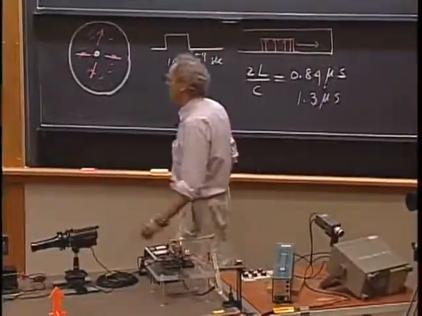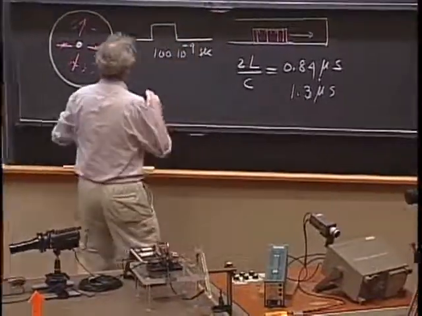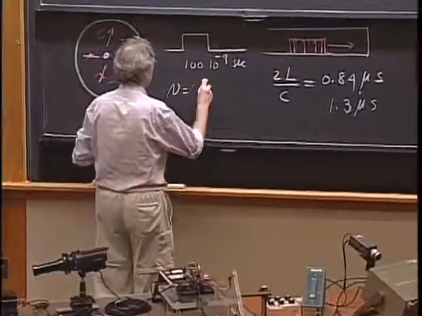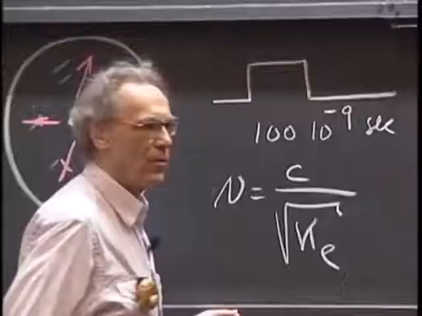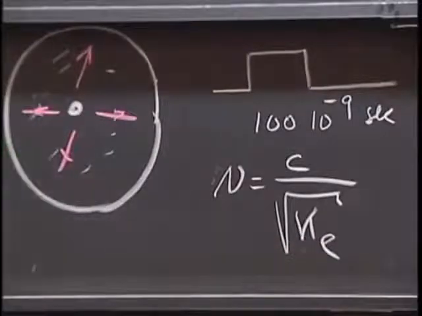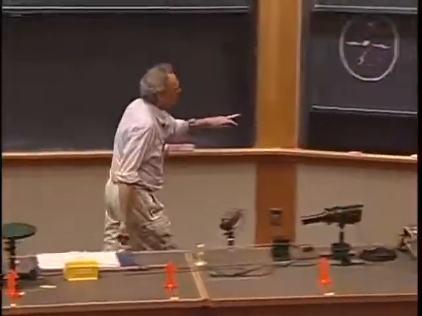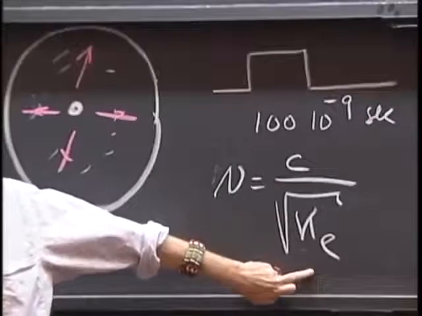Do you remember, or do you not, that we discussed that the speed of propagation v is c divided by the square root of the index of refraction, of the dielectric constant? Do you remember that? I even showed you how this dielectric constant is a strong function of frequency for water.